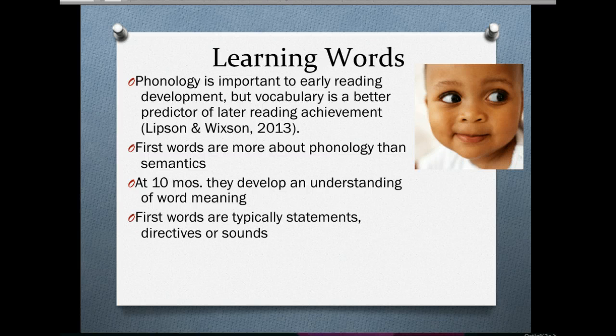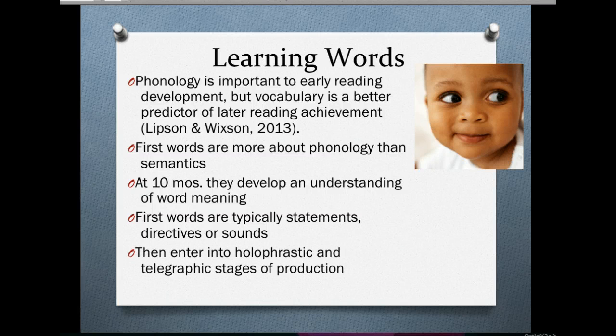First words are typically statements, and most of them are nouns. Then enter the holophrastic and telegraphic stages of production. We'll go into these in more detail with the next slide.